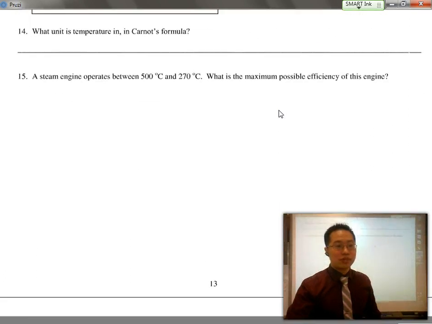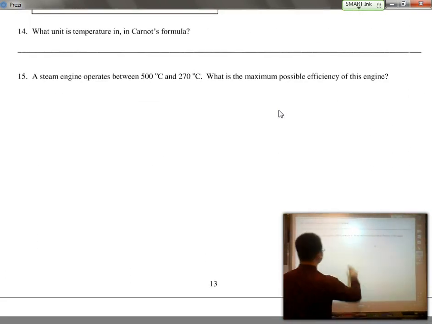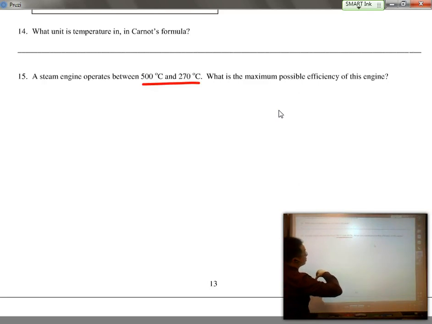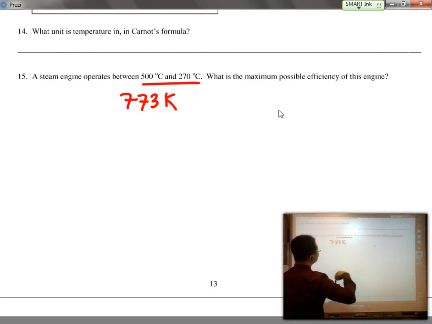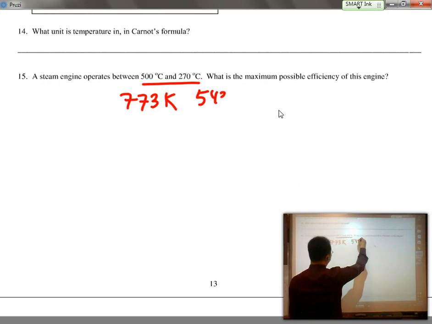Anyway, so if we take a look at an example here, a steam engine operates between 500 degrees Celsius and 270 degrees Celsius. The first thing we should do is convert to Kelvin. So this is 773 Kelvin, and this is 543 Kelvin.